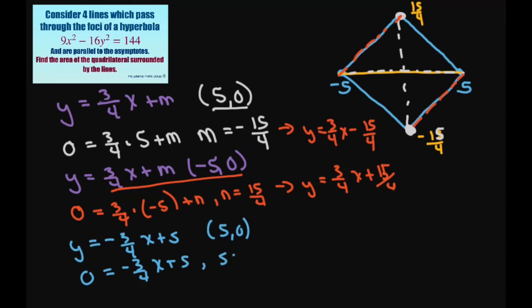So s equals 15 divided by 4. That's going to give you y equals negative 3/4 x plus 15 divided by 4. This is going to be this line.